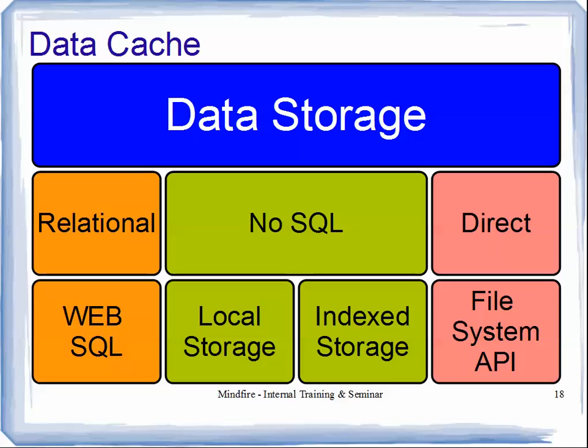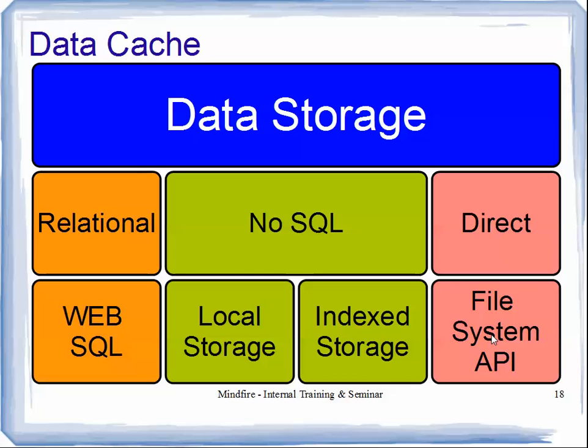Data storage can also be done through NoSQL databases like local storage and index storage. We can also store data directly to the user machine or user system, which is called the file system. We can later fetch that file data through JavaScript APIs. That is called the file system APIs.